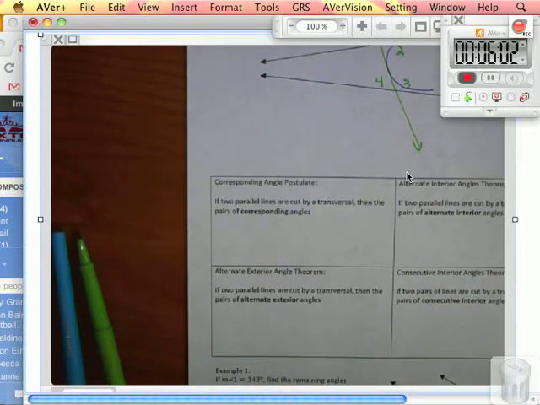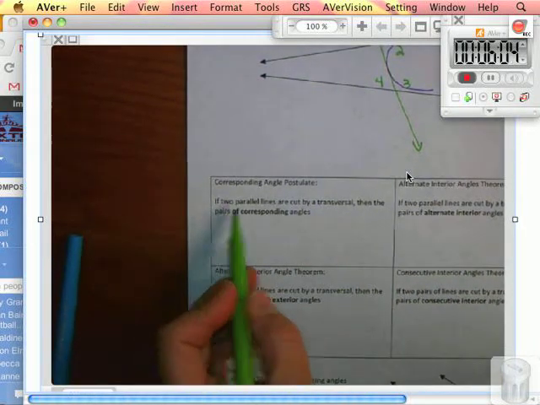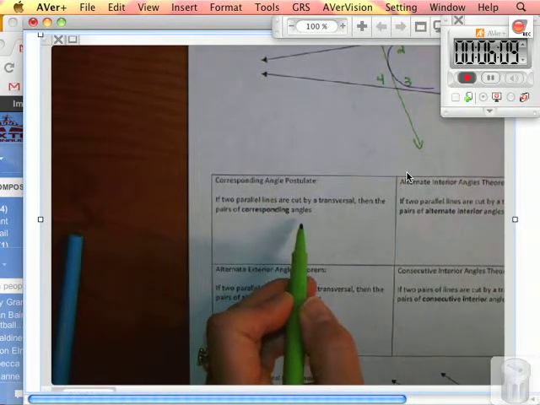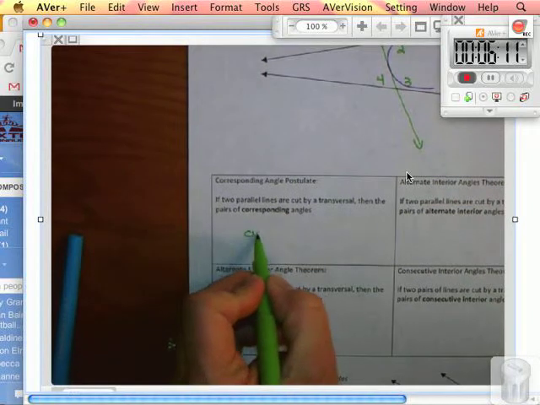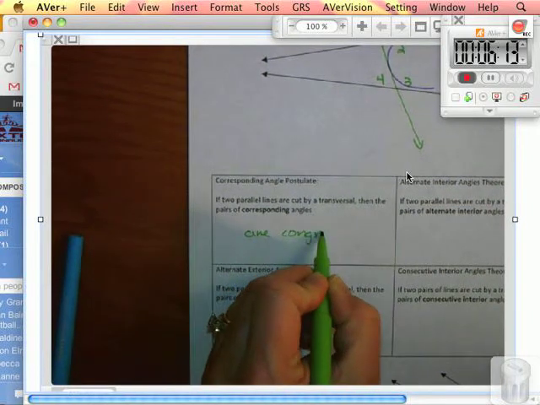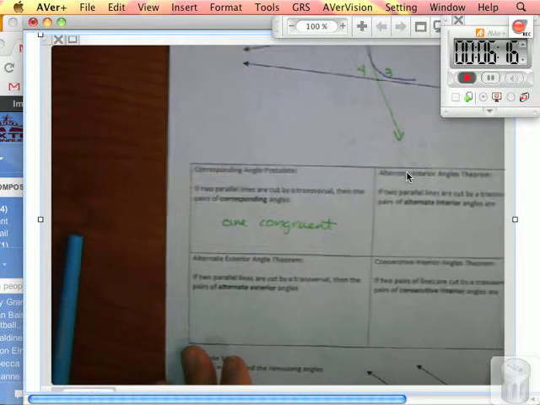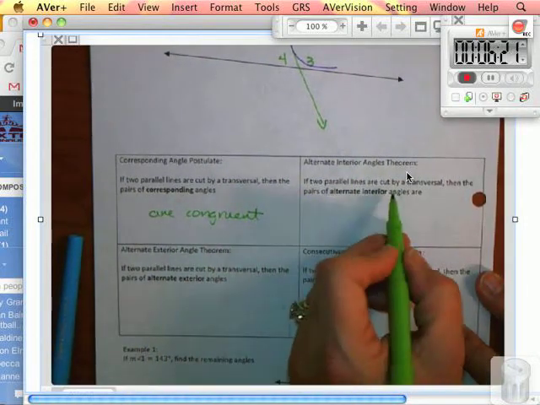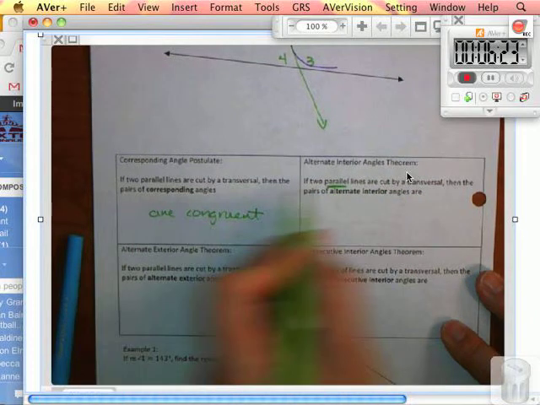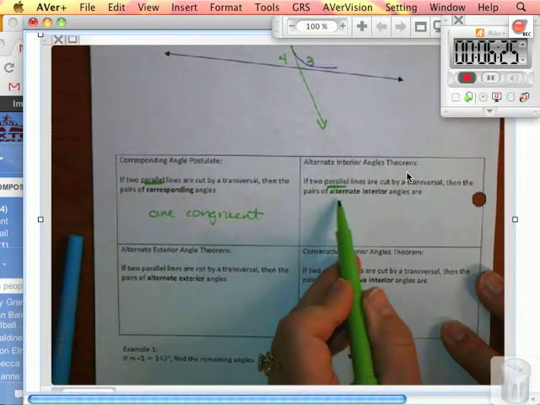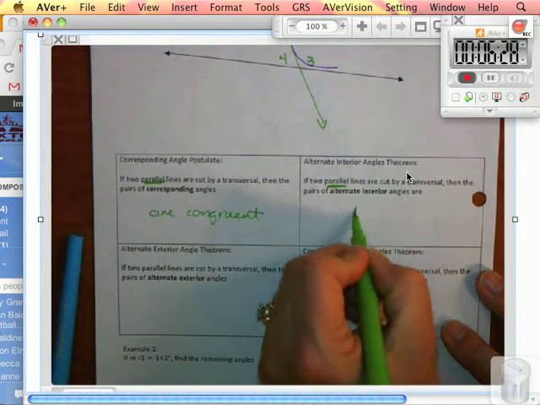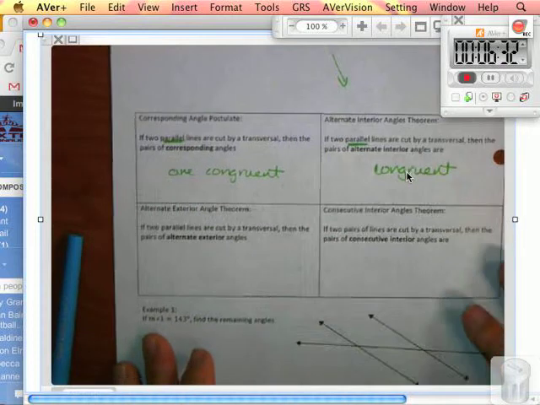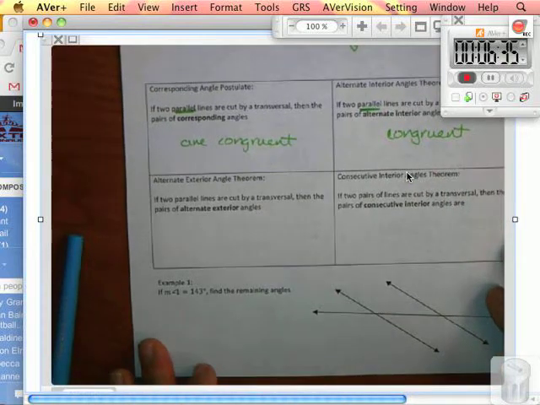All right, corresponding angle postulate. If two parallel lines are cut by a transversal, then the pairs of corresponding angles are congruent. Alternate interior angles theorem. If two parallel lines are cut by a transversal, again, this is all parallel, then the pairs of alternate interior angles are congruent. Alternate exterior.